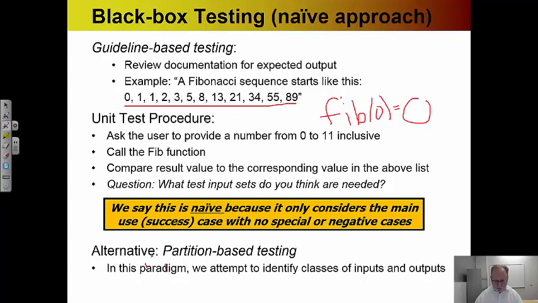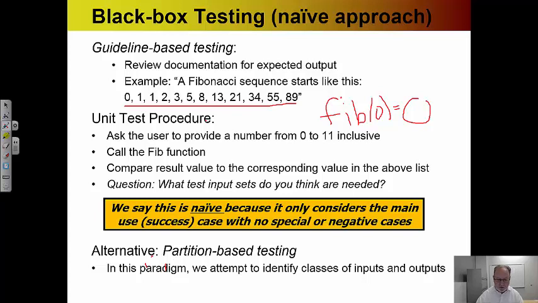In that case, we would do something called partition-based testing, which is a little bit better. Guideline-based testing in and of itself is effective. Yes, it's something you should do. But by just reviewing the documentation for the expected output and designing input, you don't know if you're really covering all the values. Basically, if you just do it based on a set of samples, your test may not be complete.